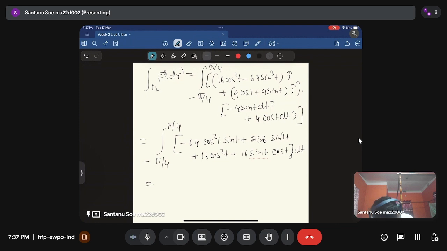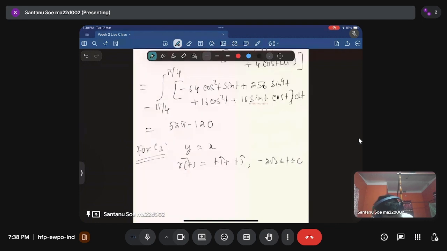So now for C3 curve, y was x. Okay. So this will be r of t will be ti plus tj, where minus 2 less equals to t less equals to 0.